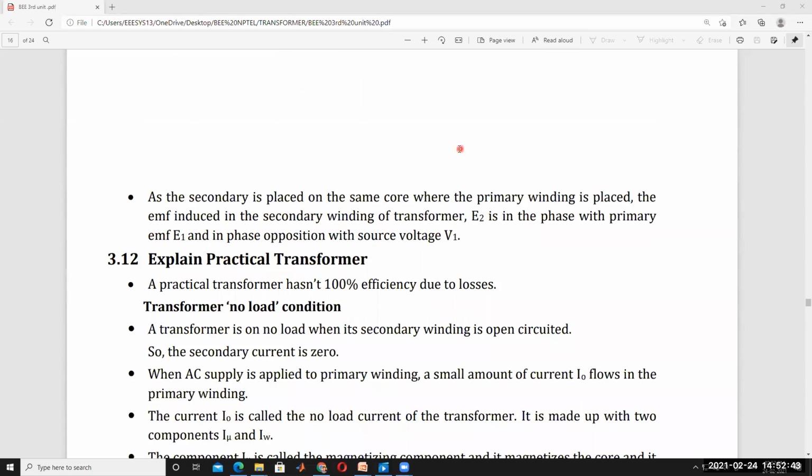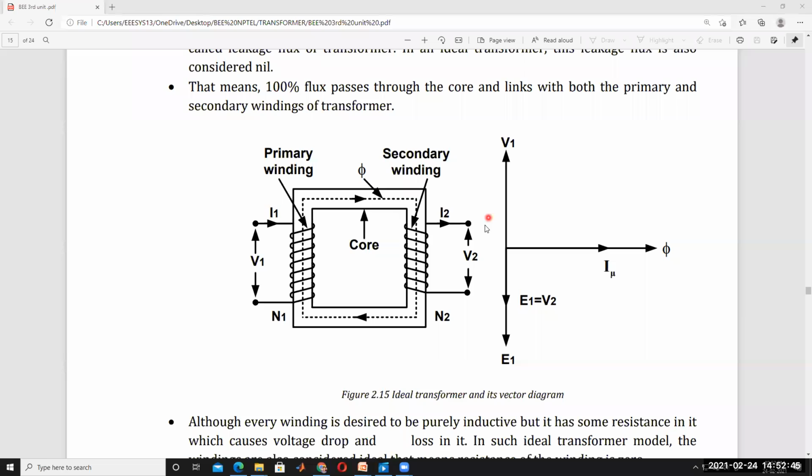Try to consider here. Because of this current, some amount of EMF is induced, this E2, which is exactly opposite to the primary flux phi 1. For example, the primary flux in the transformer is in the clockwise direction. So this flux, called phi 1, is in the clockwise direction.